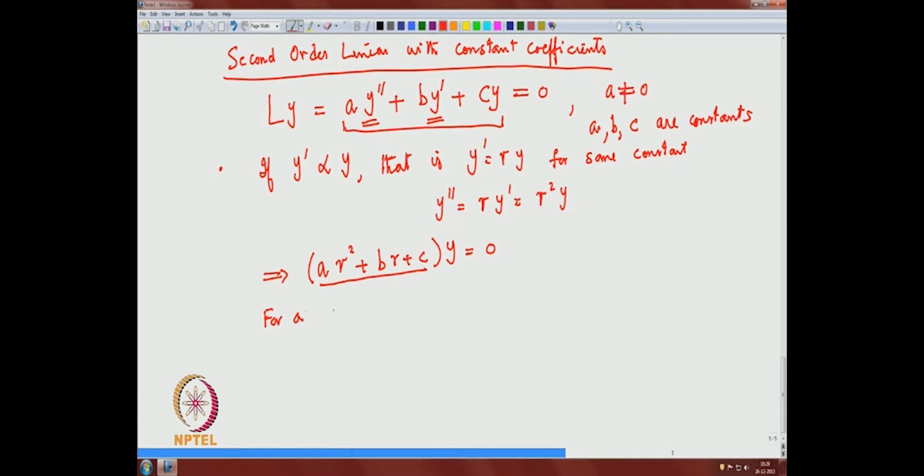So, for a non-trivial solution, we need a r square plus b r plus c equal to 0, and this is called the characteristic equation.